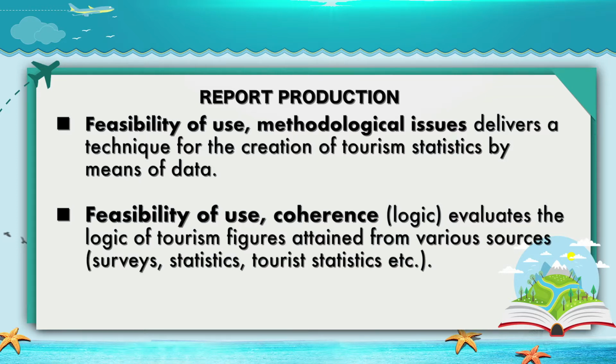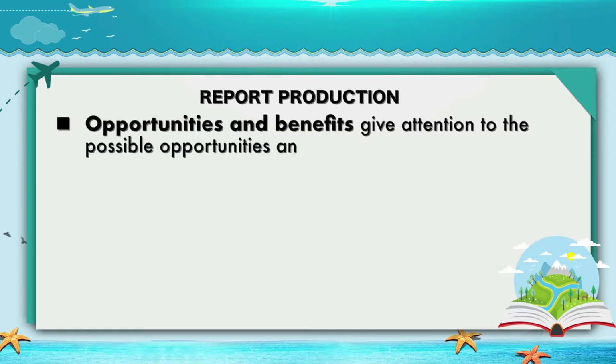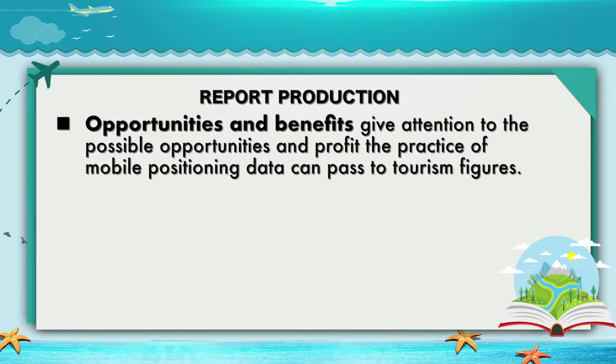It evaluates the logic of tourism figures attained from various sources like surveys, statistics, tourist statistics, etc. Opportunities and benefits give attention to the possible opportunities and profit the practice of mobile positioning data can pass to tourism figures.